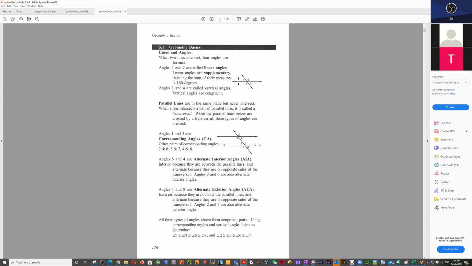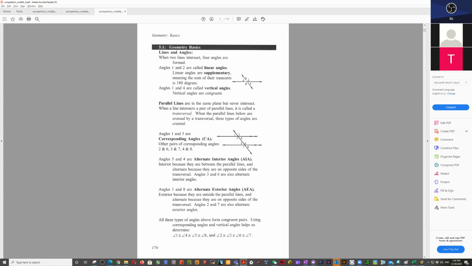This is just terminology. A linear pair is where the angles share one side and the other sides are opposite rays, and these are supplementary. And vertical angles are made up of the angles of 2 opposite rays.